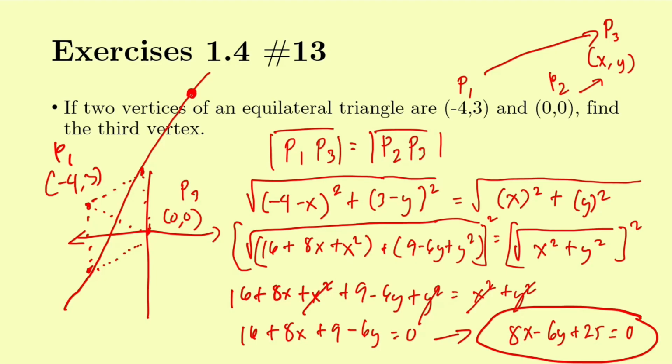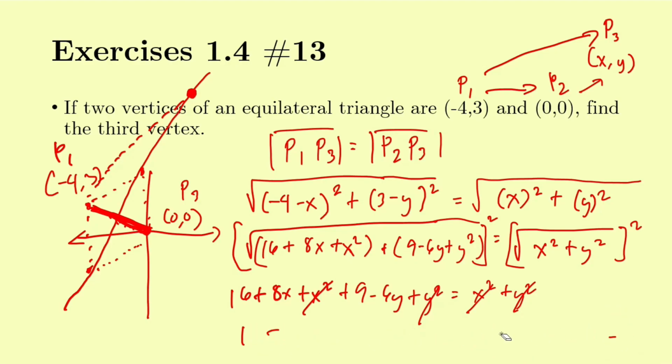Pero ang kailangan natin kunin is an equilateral triangle. So we need to make sure that the length of this should be the same as the length of this. Dapat ito ang length ng bawat side ng ating triangle. So how can we use that information? We will utilize the distance between P1 and P2 na.